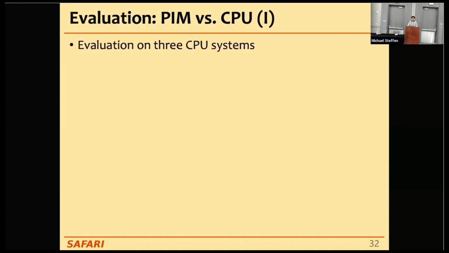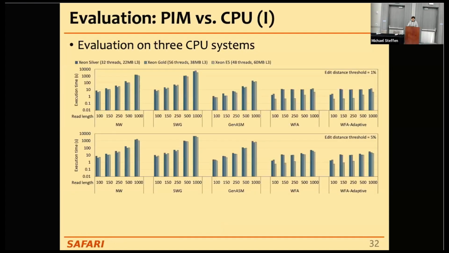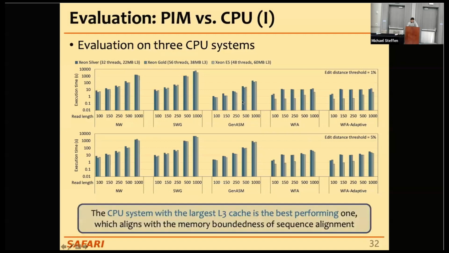Actually, we are going to start the evaluation by analyzing the performance on the 3 CPU systems. Here in this slide, you can see, for 2 different values of the editing distance threshold, 1% and 5%, the execution time for different read lengths for the 4 algorithms, with the 2 versions of the wavefront algorithm that the UPMEM supports.